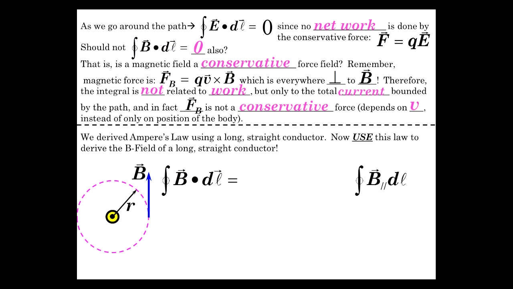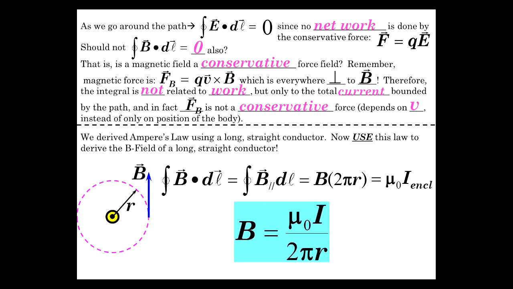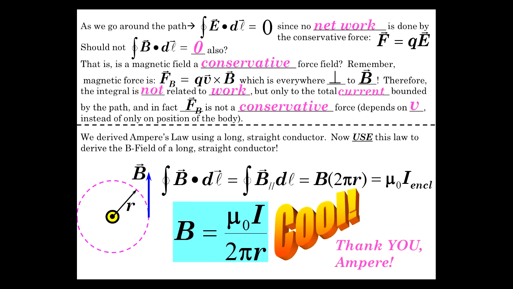Now, closed integral of B dot dl is closed integral of B parallel to dl. So that's B, constant size, times integral of dl, 2 pi r. And that's mu 0 I enclosed. So that's our formula. Let's solve for B. And there it is. Mu 0 I over 2 pi r. That was easy. That's awesome. Thank you very much, Mr. Ampere.